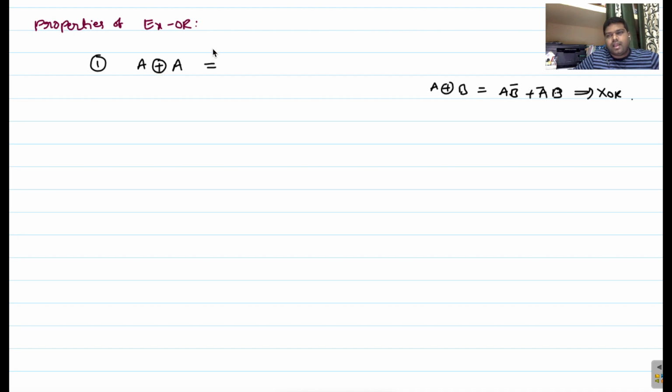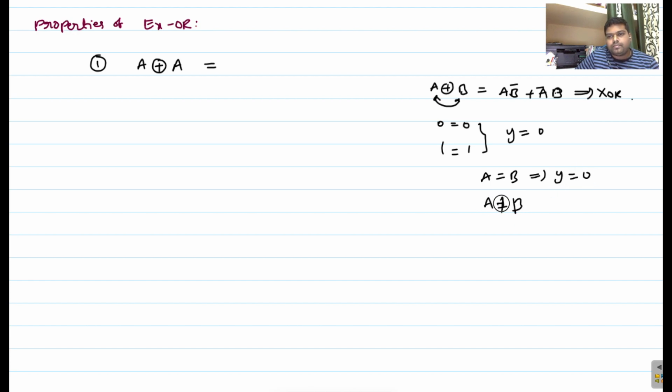I already told you, if both the inputs are same, that means either 0 0 or 1 1 condition, the output will become Y equals logic 0. That means when A equals B, output Y equals 0. When A not equals B, Y equals 1. This is our conclusion regarding the XOR operation.